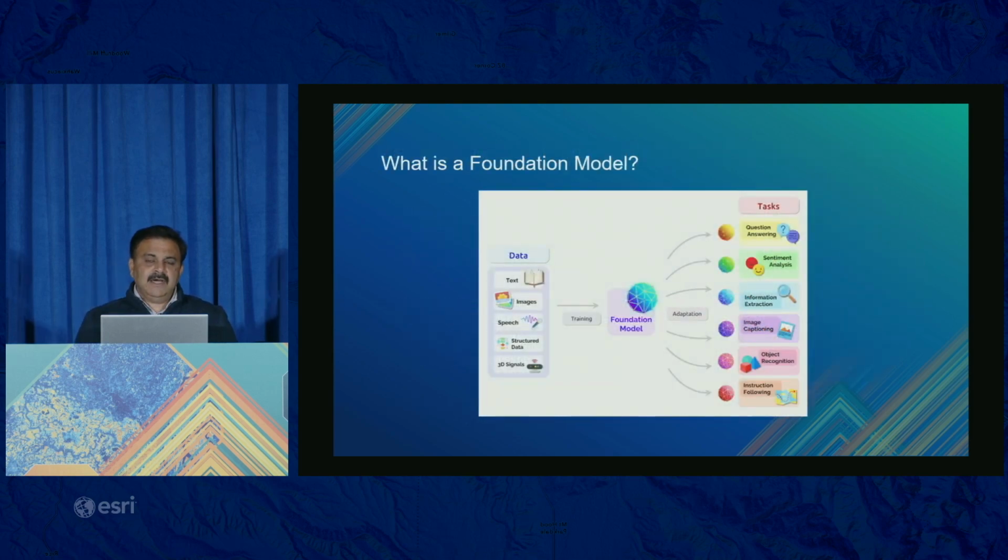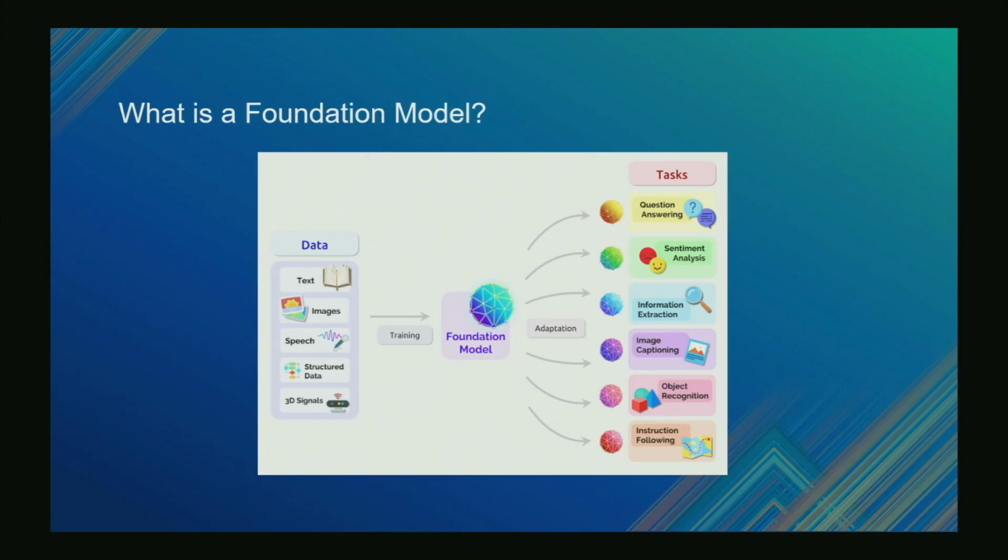Foundation models are a little broader terminology. So this is broader than just large language models. And primarily, it's three things that define what a foundation model is. They are trained on broad data. So the data is diverse. It's again, internet scale data.